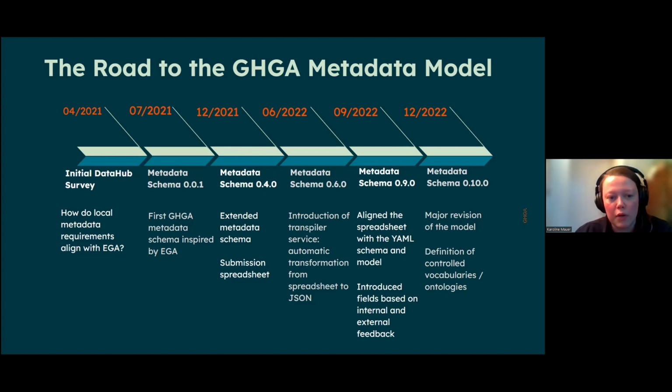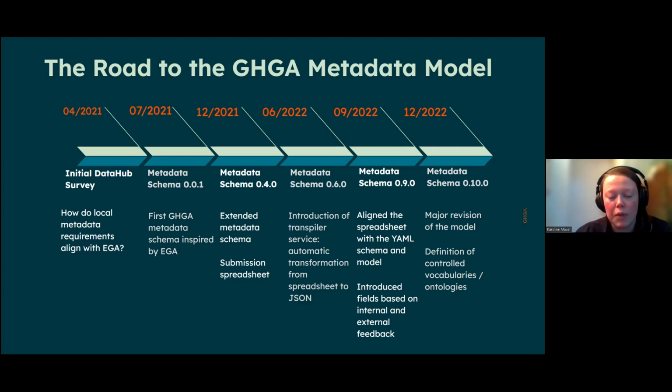Then in July of last year, we published our prototype schema version 0.01. This was largely inspired by EGA, but we added a few tweaks, which I will show you in a few slides.